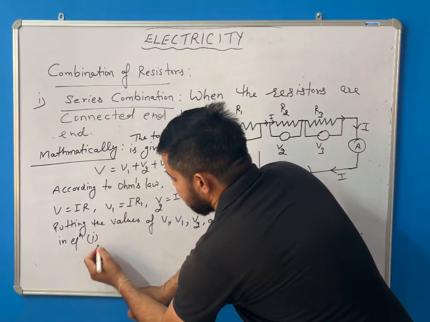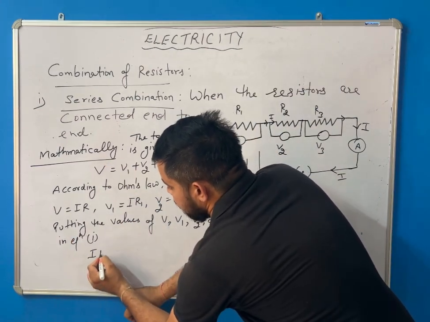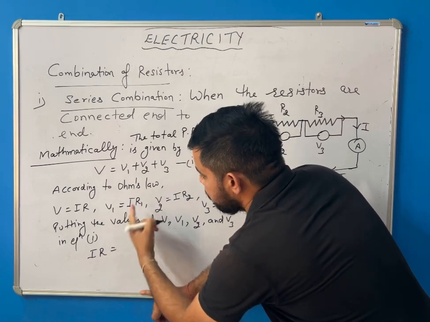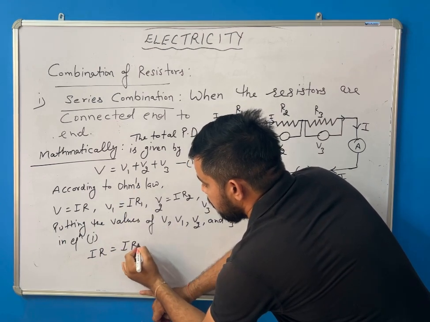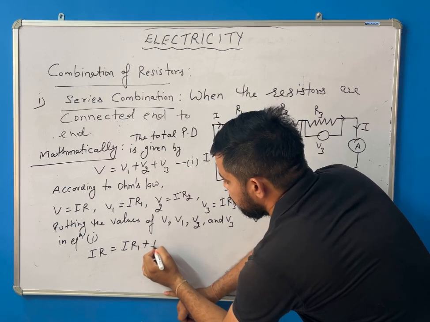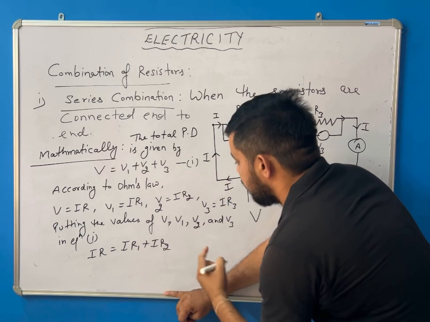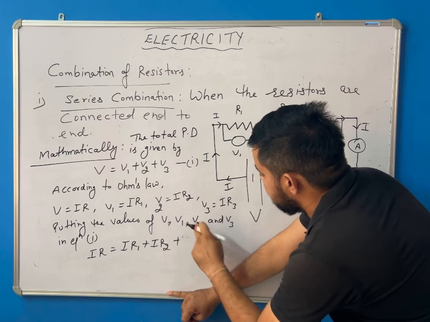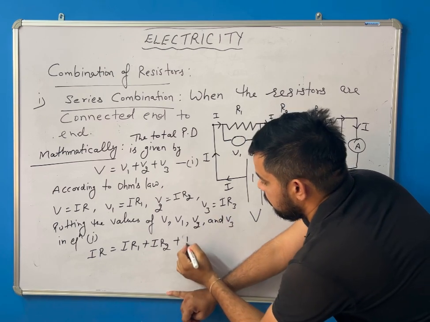We get that V is replaced by IR, which is equal to V1 equal to I R1, plus V2 equal to I R2, plus V3 equal to what? I R3.